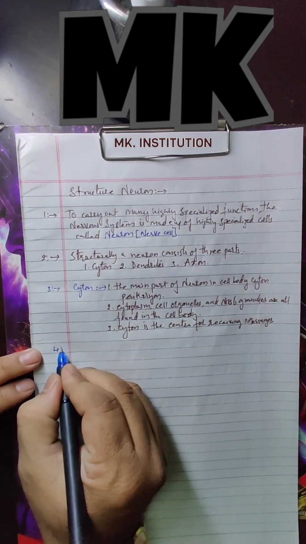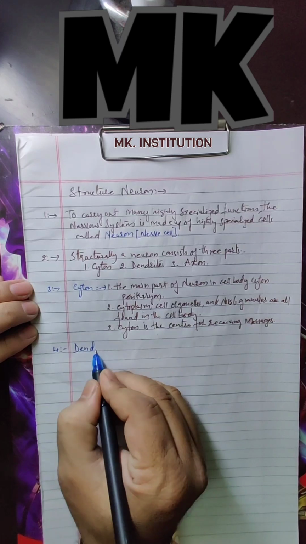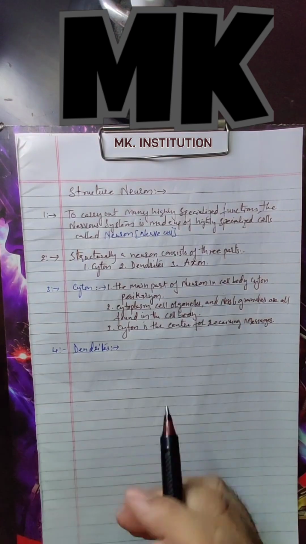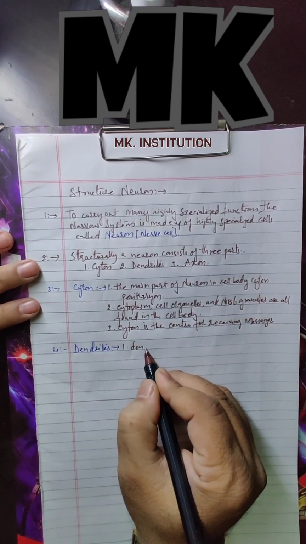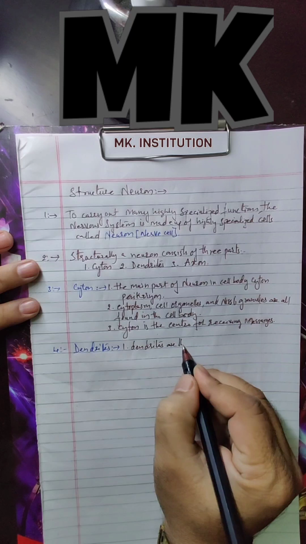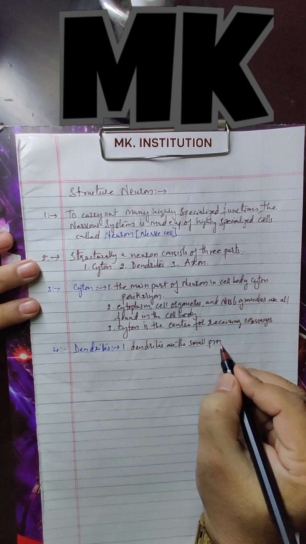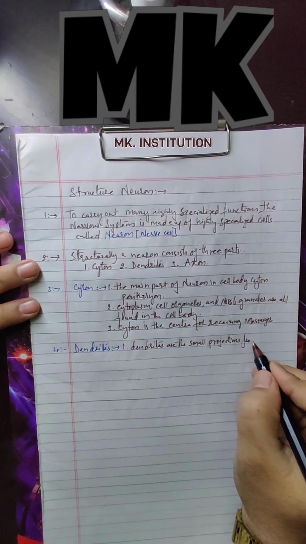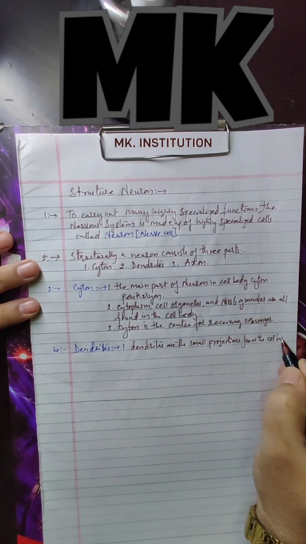Now the fourth point, cyton. The second is the dendrites. Heading you write dendrites. Now what is the first point in dendrites? Dendrites are the small projections from the cell body.